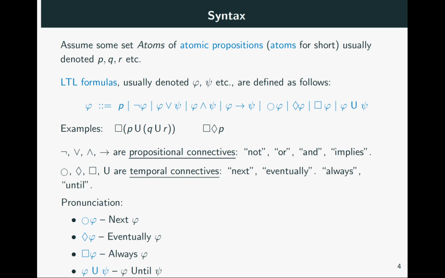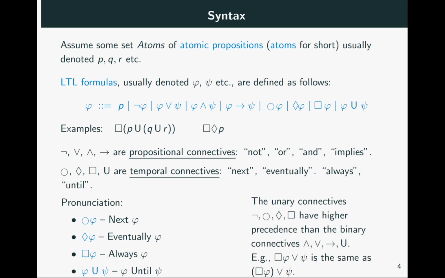Circle phi is read next phi, diamond phi is read eventually phi, box phi is read always phi, and phi U psi is read phi until psi.